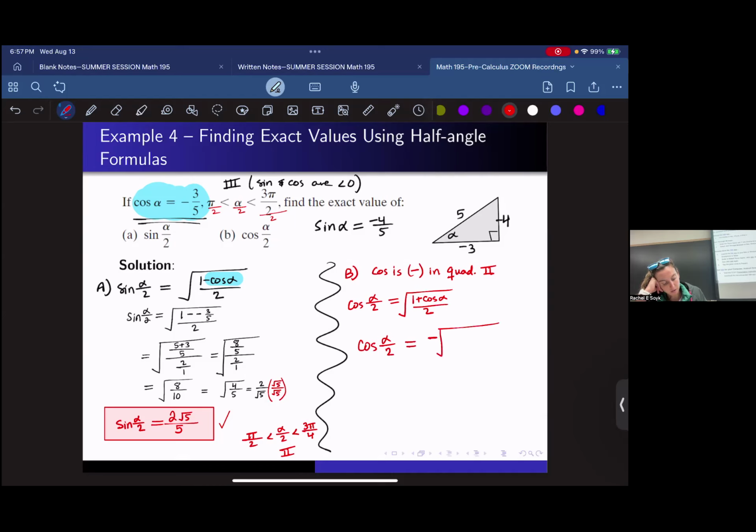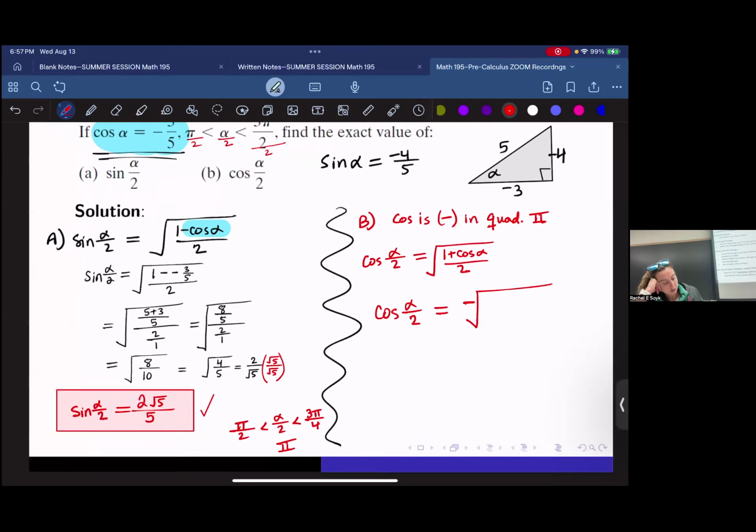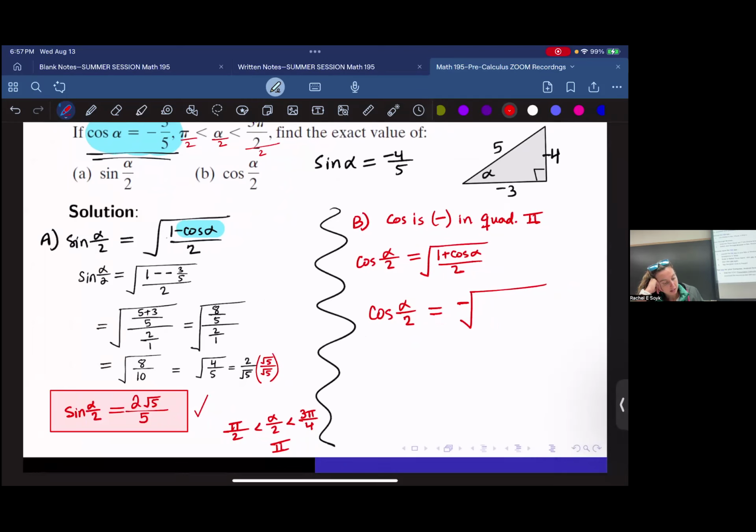And we have the square root of, essentially, we don't have to do all of this calculation and work again. We just have to, instead of adding, right, because those two negatives, we're going to be subtracting 1 minus 3 over 5 over 2.